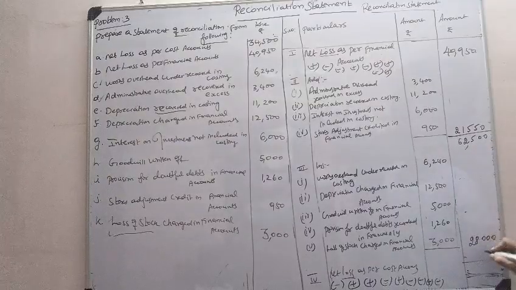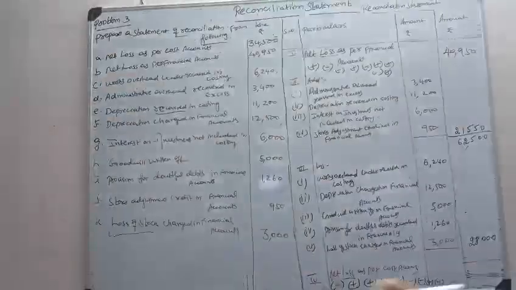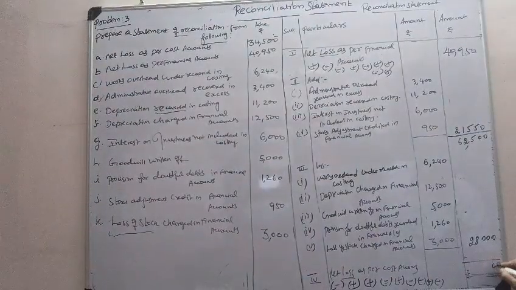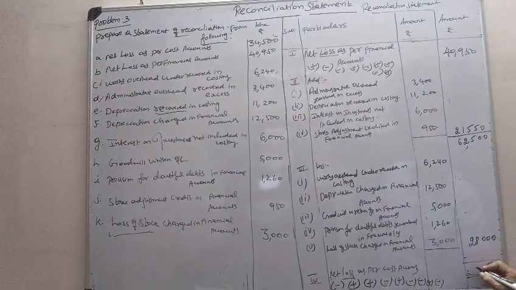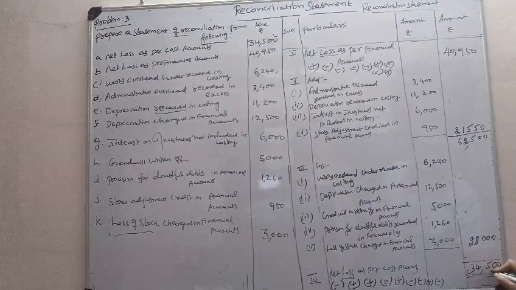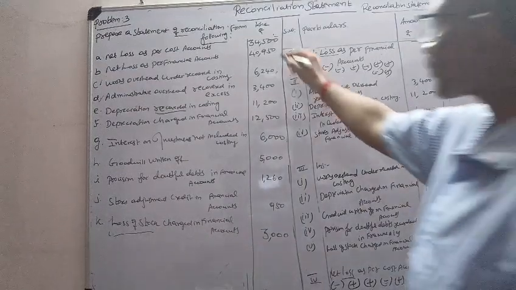So now you subtract this 28,000 from 62,500. It is 34,500. What we have done is correct.